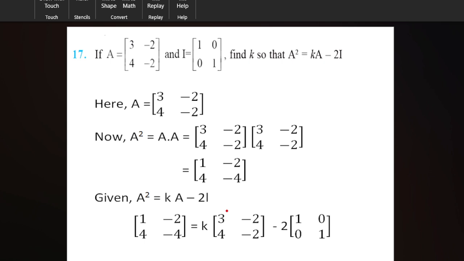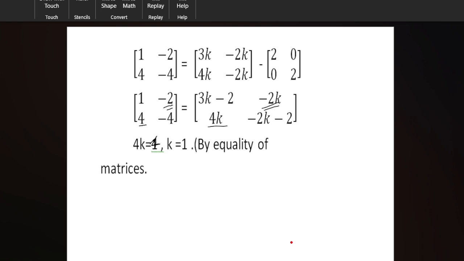Now here also a is given, and a condition is given: a square equal to k minus 2i. So a square we have found, then k minus 2i also we have found. By equality of matrices we'll get the equation here, that is 3k minus 2 equal to 1, or minus 2k minus 2.